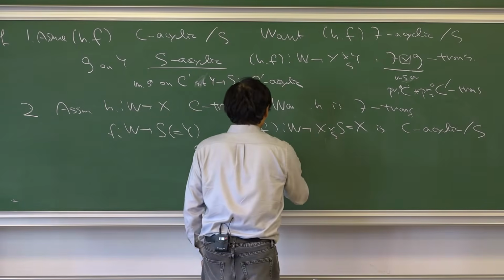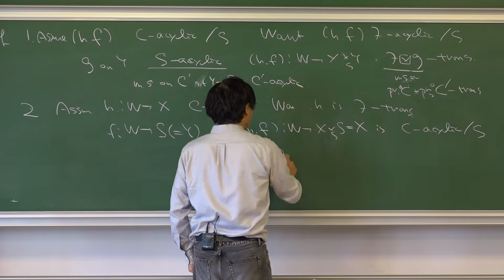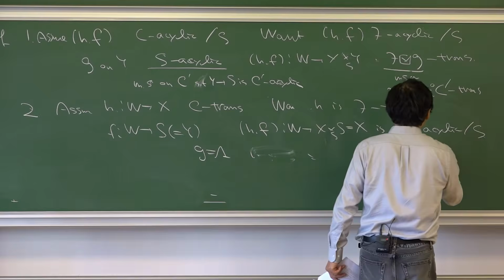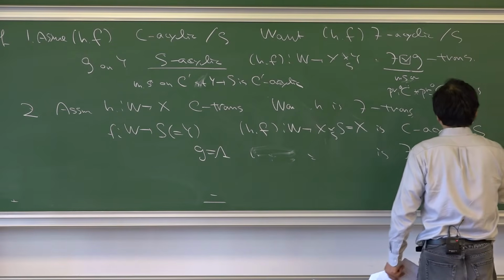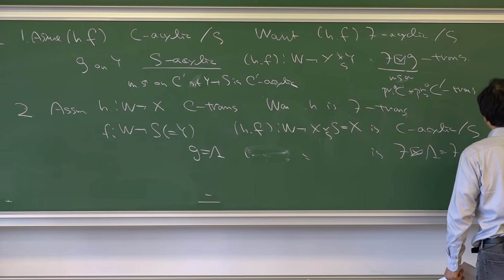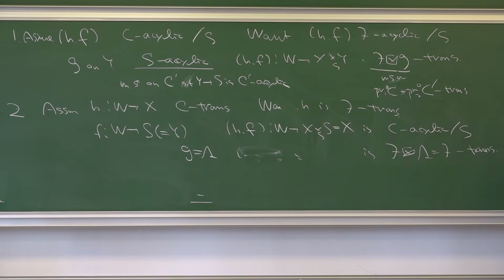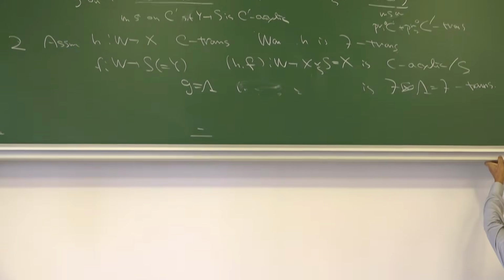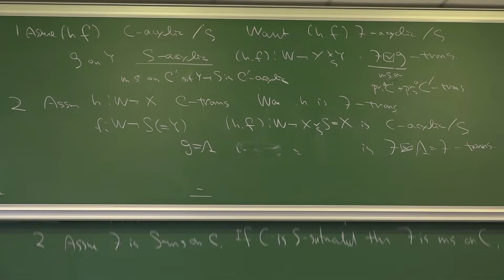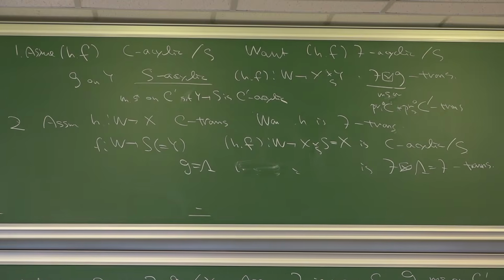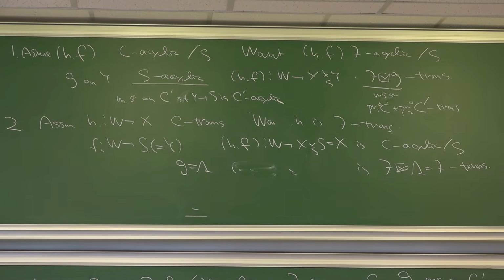Then this implies that this h and F, so this map, is transversal, and this is what we want. Okay, so we have this implication.